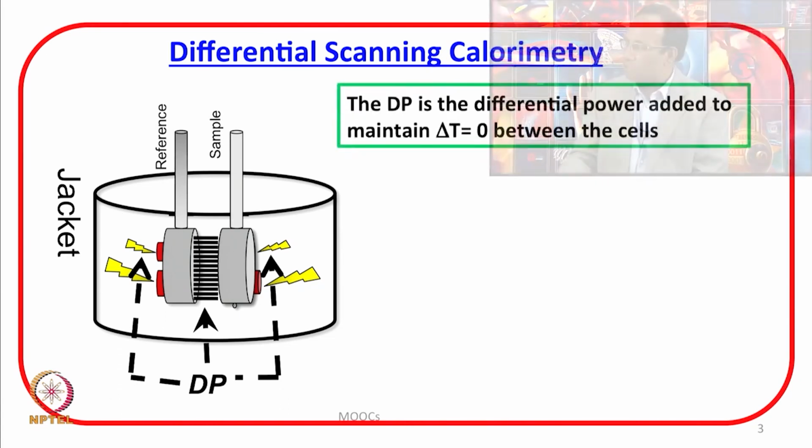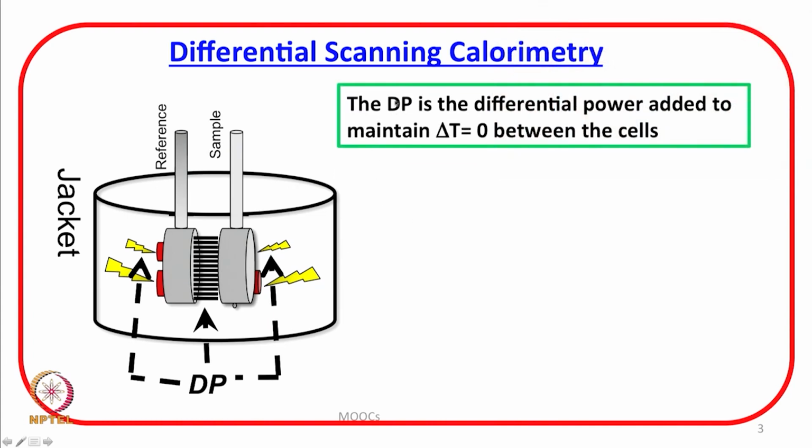So, this is what is commented over here, that the dP is differential power added to maintain delta T equal to 0 between the cells is noted.